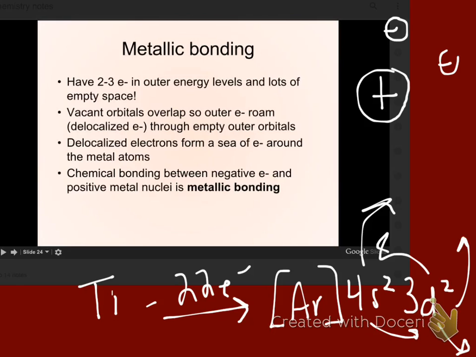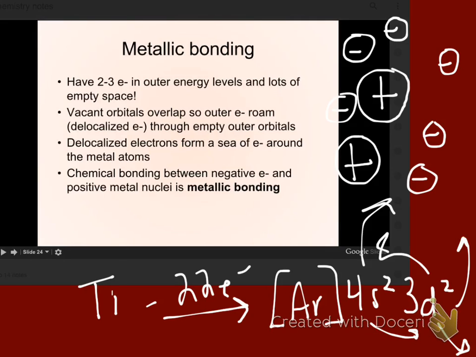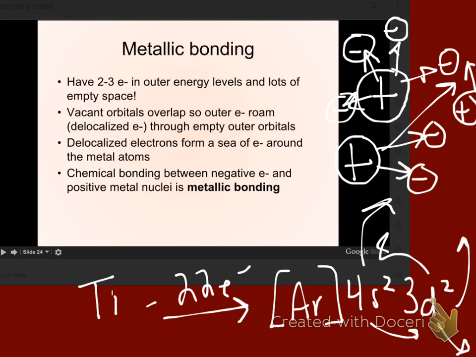So rather than individual bonding happening between one positive point and one negative point, we get this massive sea of attraction. This positive nucleus is attracted to every electron out there, as is this one. What that means in practical terms is that you've got forces of attraction running in every direction.